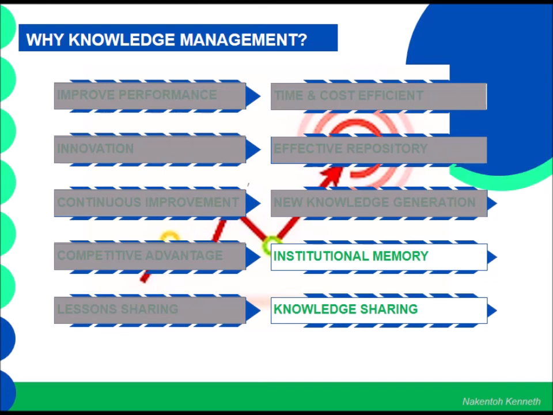So they want systems where anybody, at any time, can get information irrespective of where they are. That way the institution has a robust memory, a robust team of people who know what the organization is, who know how to get what, etc. And organizations also want a knowledge sharing culture and collaboration across teams.